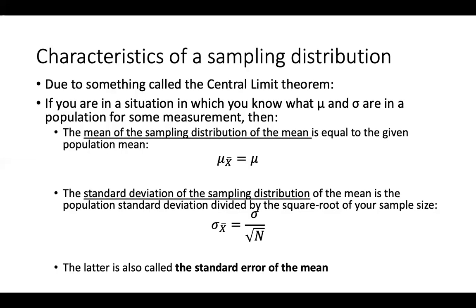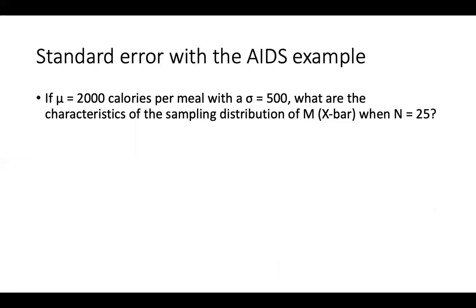Okay, so that's a lot of theory. The important component is that we're going to want to use these relationships to evaluate results. Okay, so let's first just work on standard error. So again, if we have a sample of 25 AIDS patients, and we can say confidently from past research that on average, people with AIDS generally eat about 2,000 calories per day, with a standard deviation of 500.